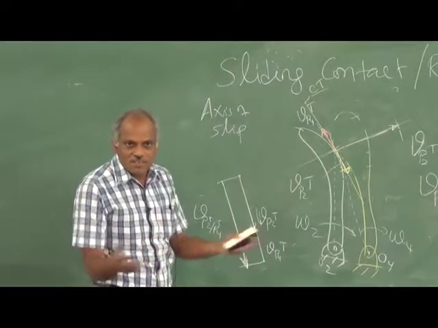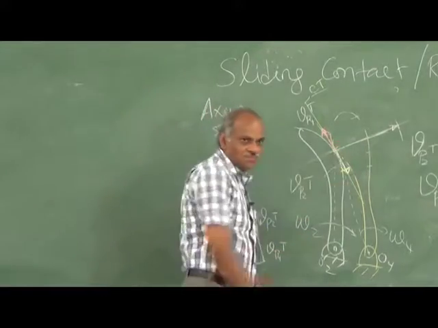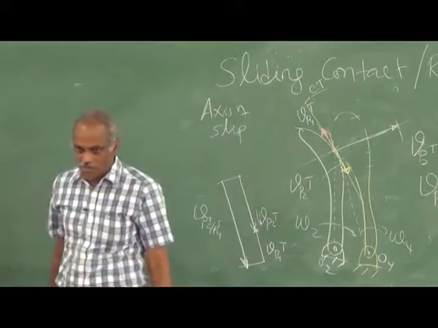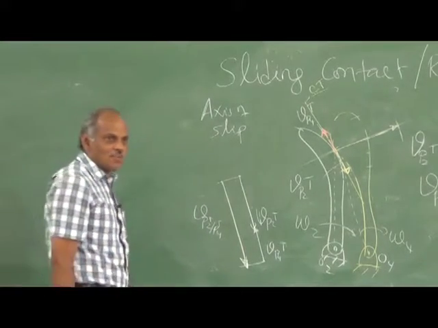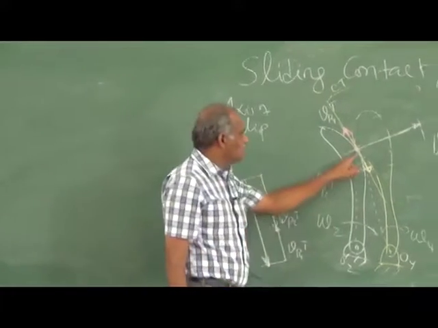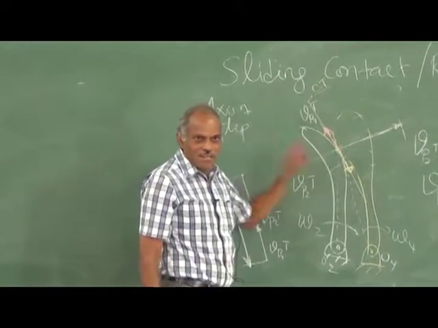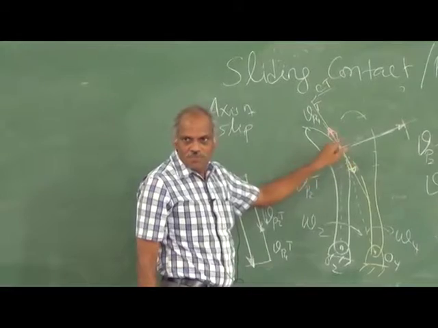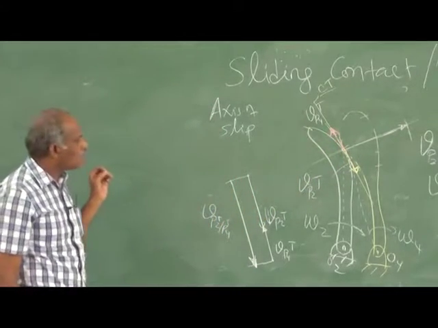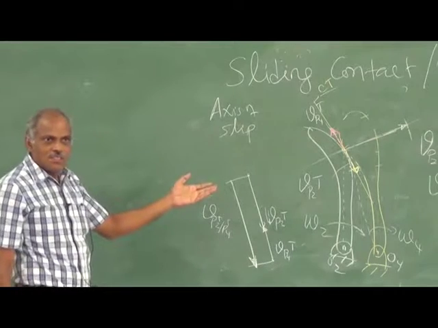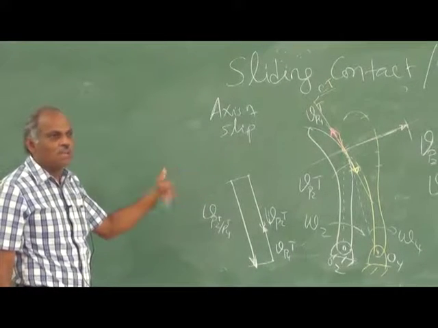If you don't dissipate it, it will heat up too much, giving more problems. So in indirect contact mechanisms, whenever there is a sliding contact, the issue of loss of energy comes. So that we should try to avoid.